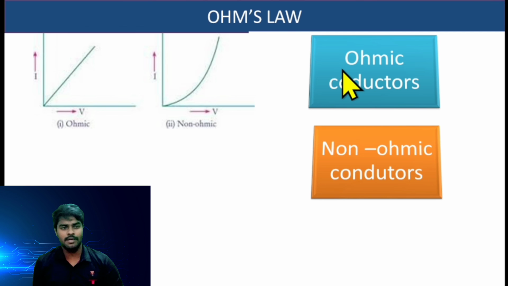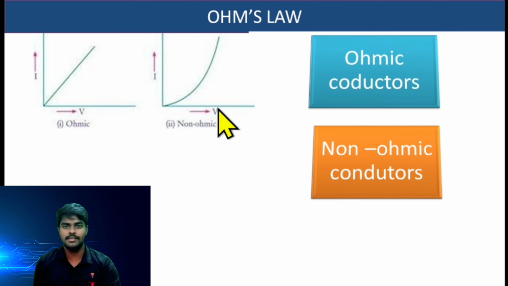I will explain. In ohmic conductors, if you change current and voltage, there is no change in the resistance. In ohmic conductors, the resistance is constant. But in non-ohmic conductors, if there is any change in the voltage and current, then resistance also changes.